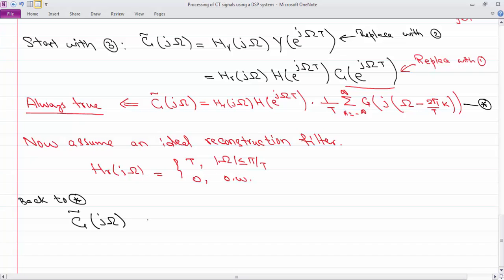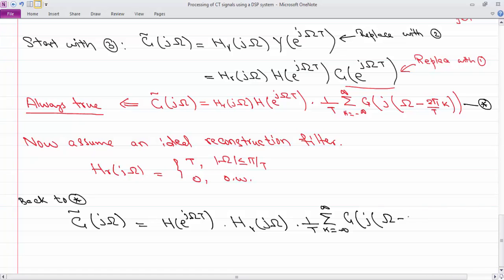So back to star, it is H of e to the j omega T times Hr of j omega times 1 over T summation k from minus infinity to infinity G of j capital omega minus k omega T. So 2 pi over T is just k omega T.